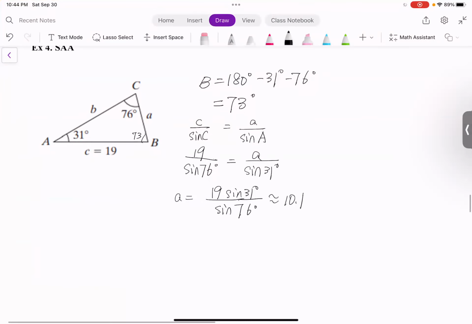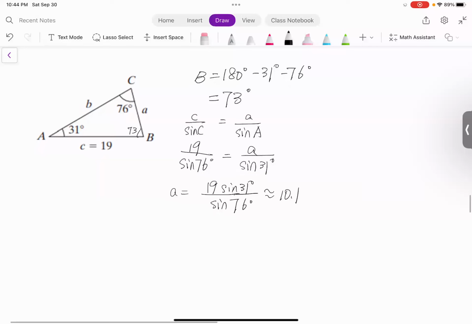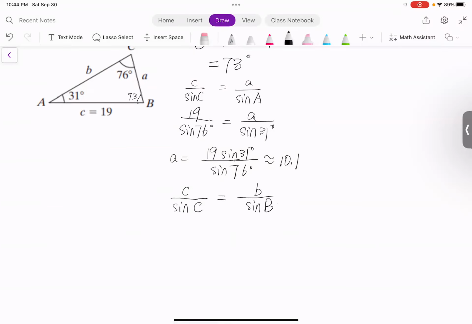And how about the b? I know that the relationship between c and b is c over sine C equals b over sine B. And b is unknown, so I can solve for the b, put the information in it.